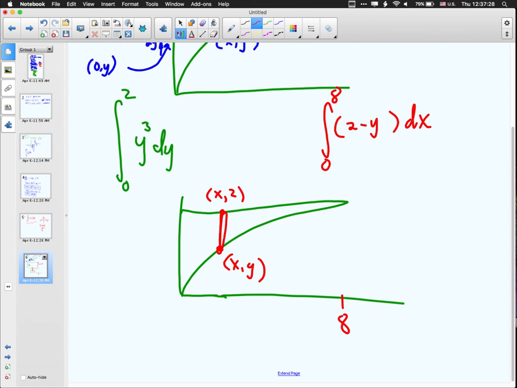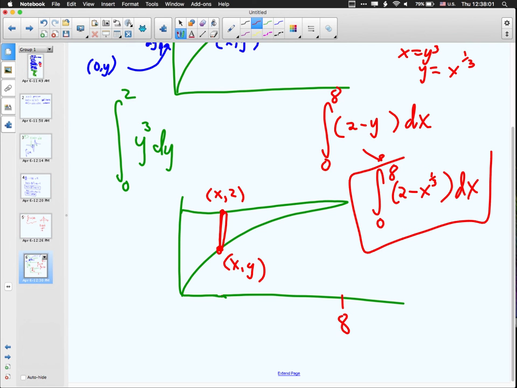Do we have an equation that can help us replace the y with an x? Yeah, we have that x equals y cubed. In other words, what's y equal to? Cube root of x, x to the 1/3. So that's what we would plug in here. This is the integral from 0 to 8 of 2 minus x to the 1/3 dx.